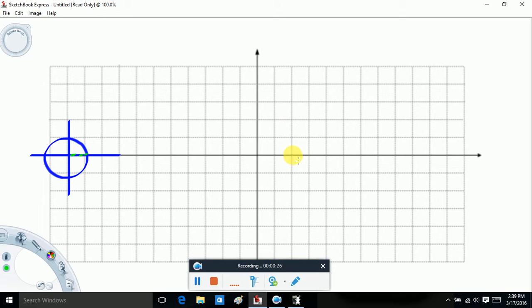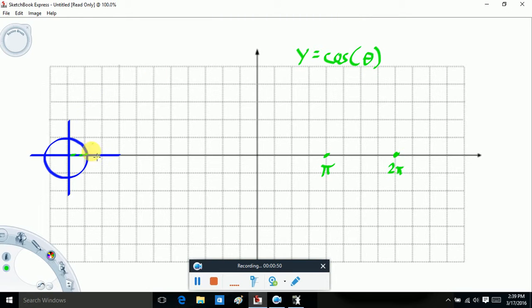So let's just say we're trying to plot this graph for one period. Okay, we're trying to plot y equals cosine of theta.